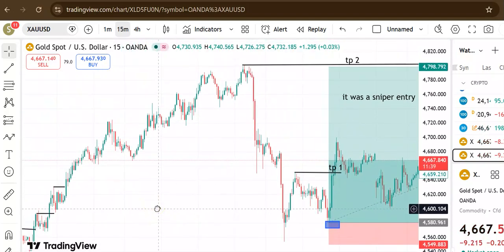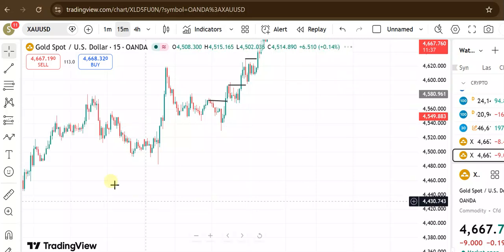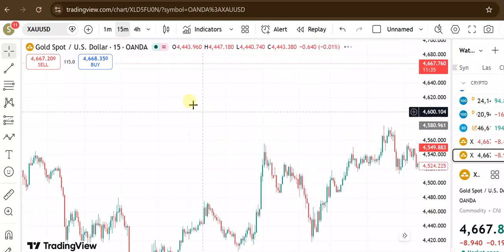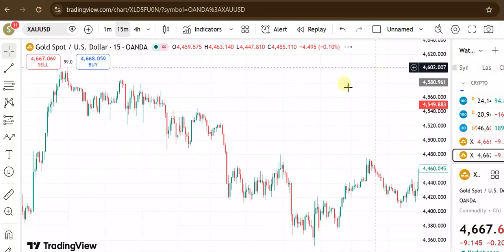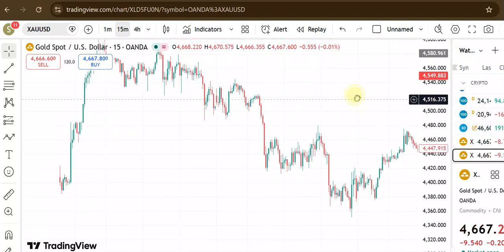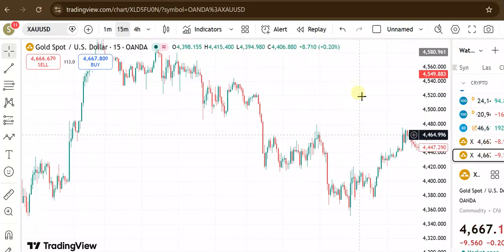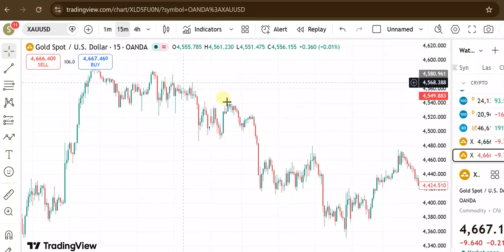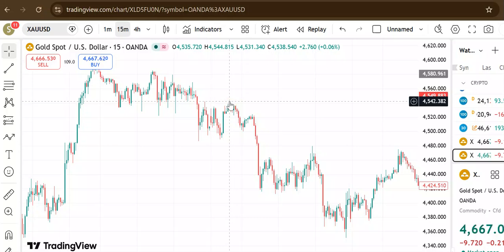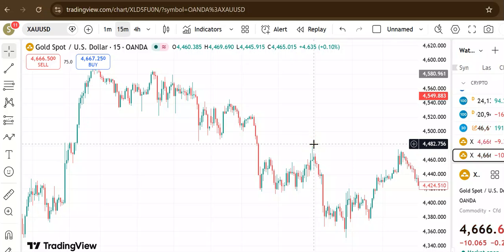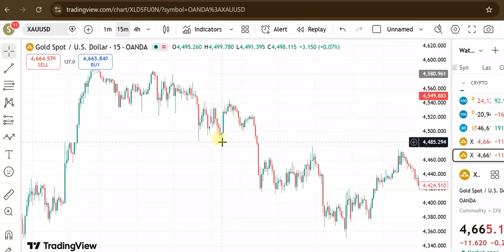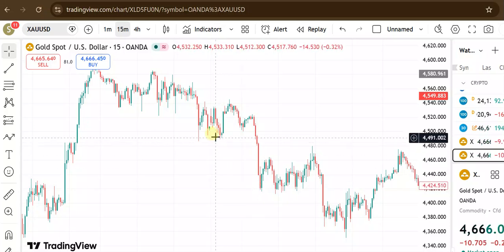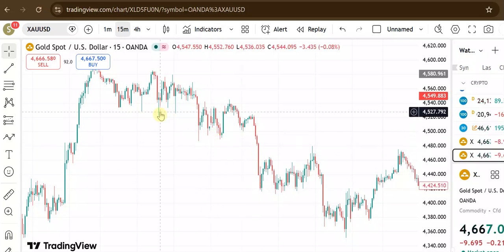Now let's talk about a downtrend. Let's find a perfect example of a downtrend. Here we are. So this high is lower than this. This high is lower than this. This low is lower than this. And this low is lower than this one.